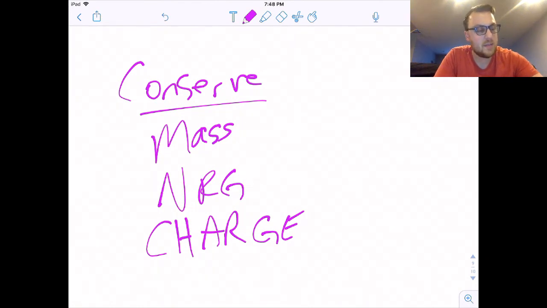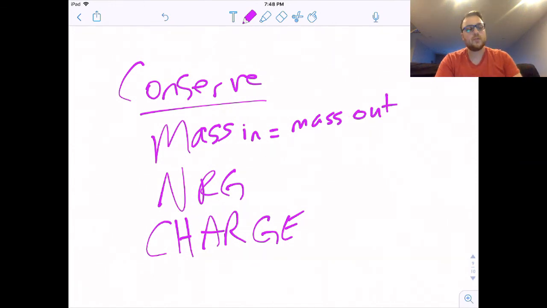Same thing with charge. The charge in has to equal the charge out. Same with energy. You cannot create or destroy mass. You cannot create or destroy energy. You cannot create or destroy charge. What goes in needs to be what goes out. Everything is conserved.